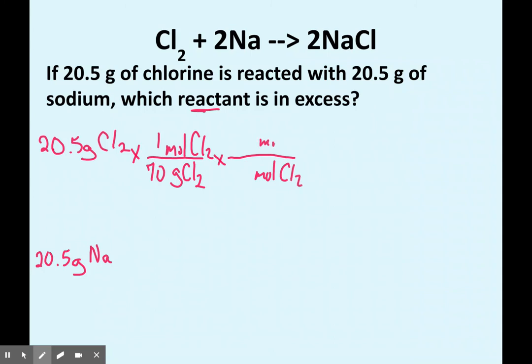And we're going to moles of NaCl. Our ratio is 2 to 1. So when we do 20.5 times 2 divided by 70, my calculator says 0.59 moles.